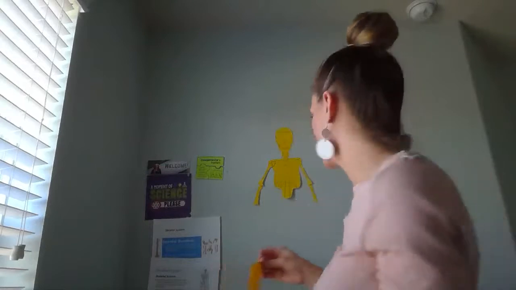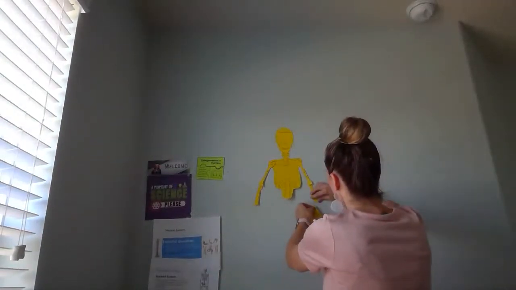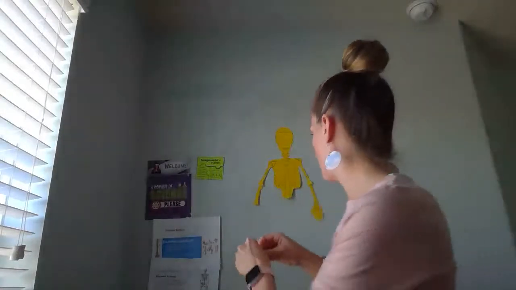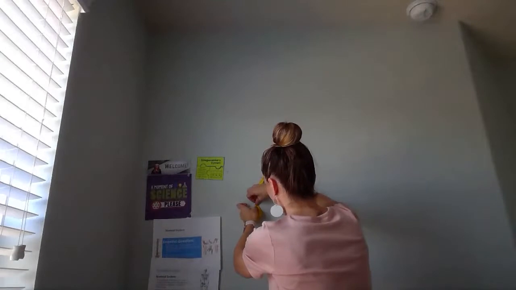Yes, you do have fingers. Hopefully 5 on each side. But remember, we're in science class. So what is the scientific name for your fingers? Tarsals. Yes, good. We have tarsals. And then the smaller as you go down, the name changes.